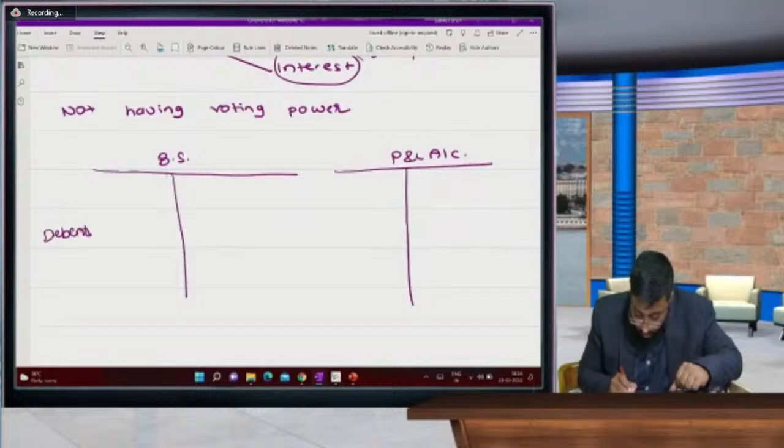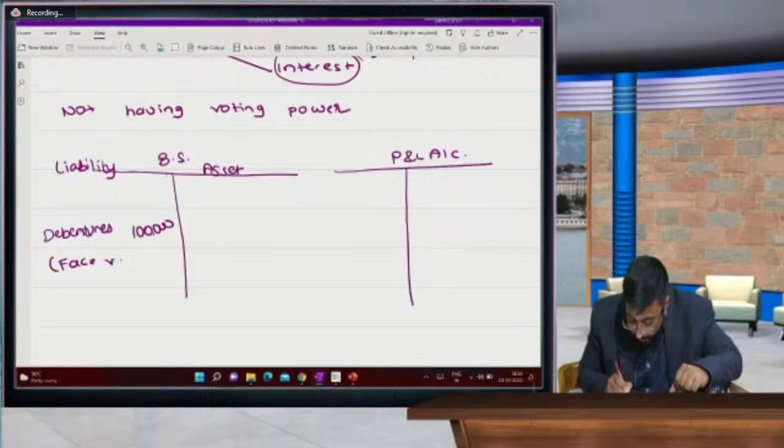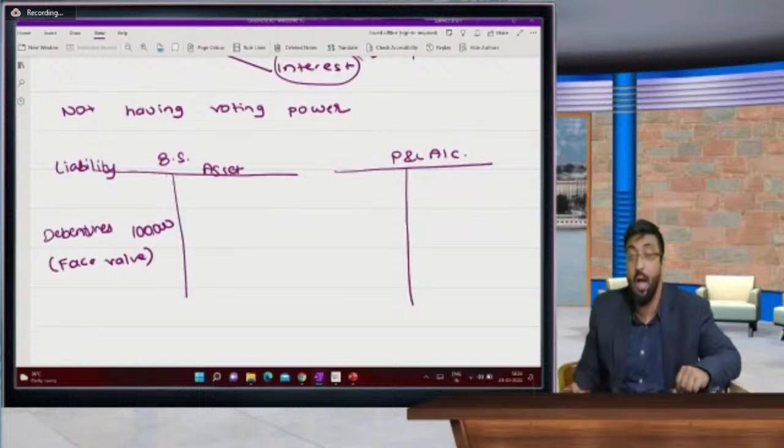We will record debentures on the liability side. Debenture principal amount is always recorded at face value. So on the balance sheet liability side, you are going to record debentures 1 lakh.